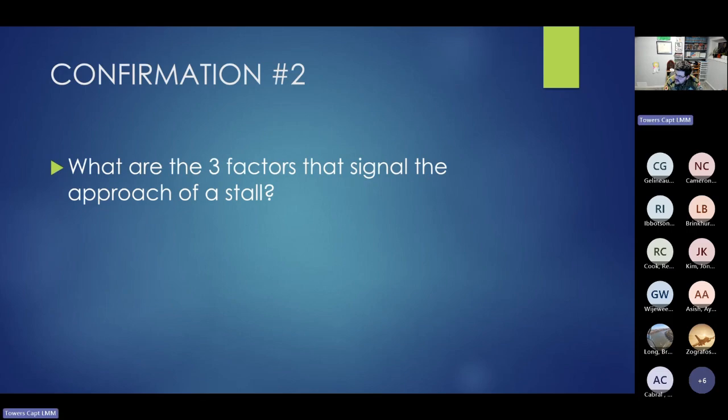You are muted, Price, so maybe that's it. There you go.